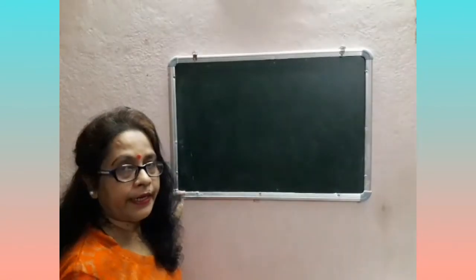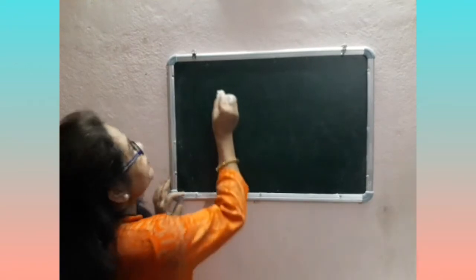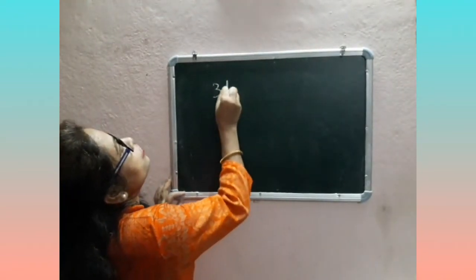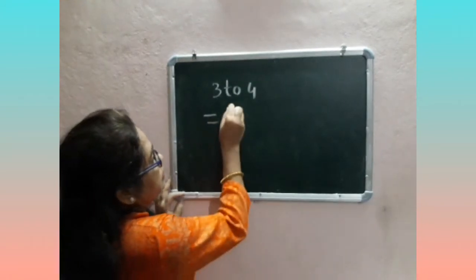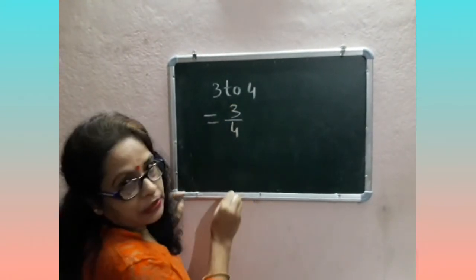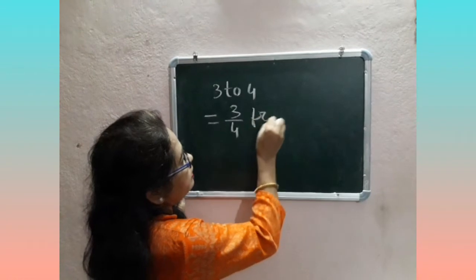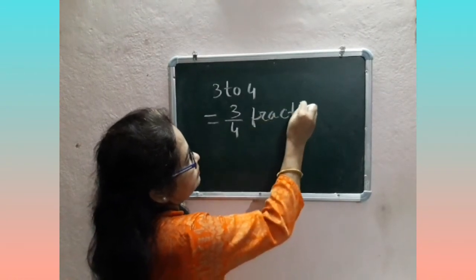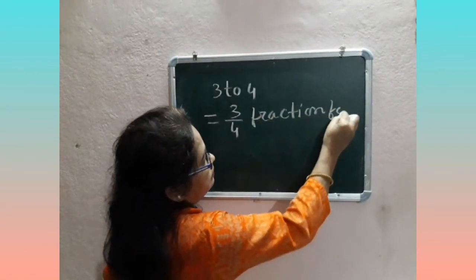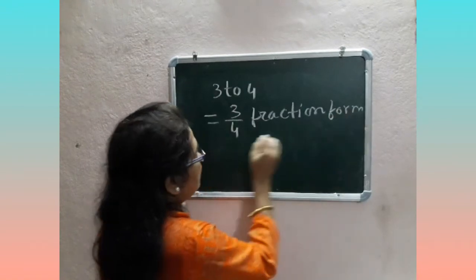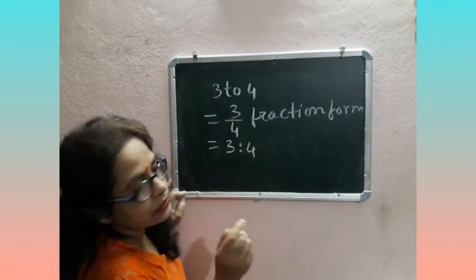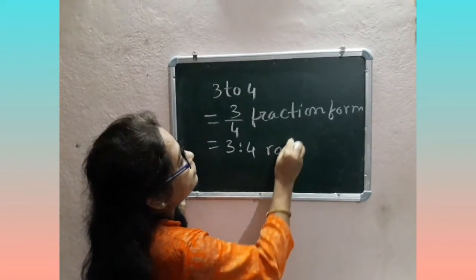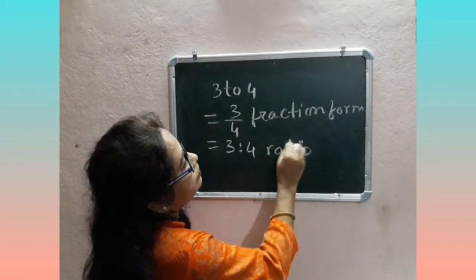Okay, let us take an example. 3 is to 4. 3 by 4, this is the fraction form, and 3:4, this is the ratio.